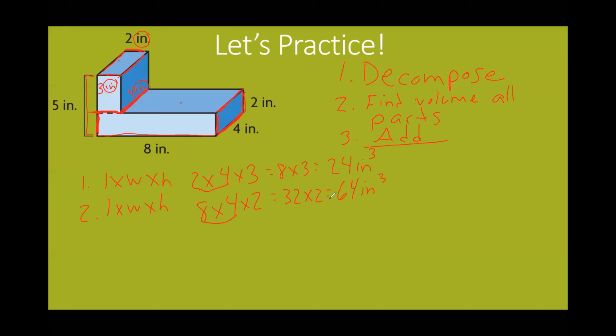So let's add them together. 4 plus 4 is 8, and 6 plus 2 is 8. So is my answer 88? No, my answer is not 88. My answer is 88 inches cubed. You have to have inches cubed in your answer.